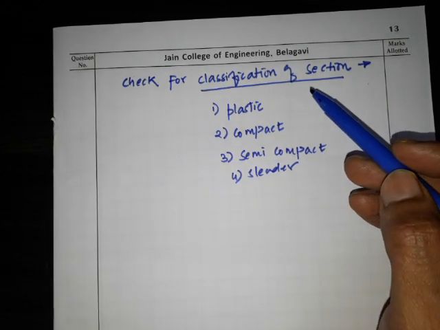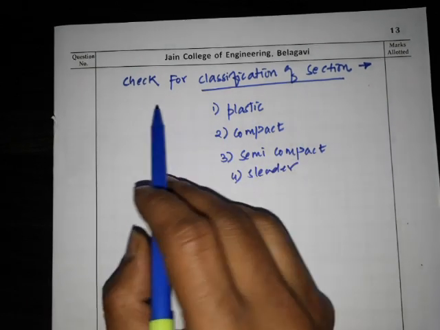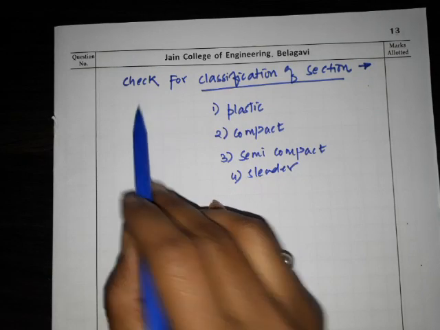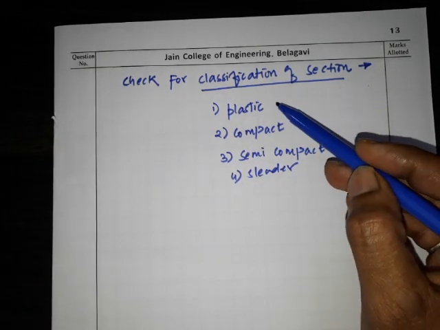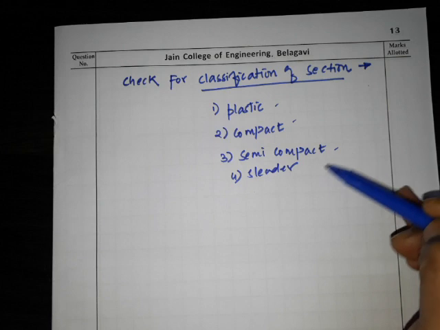Now we have to check what our section fits into, whether it is plastic, compact, semi-compact, or slender.